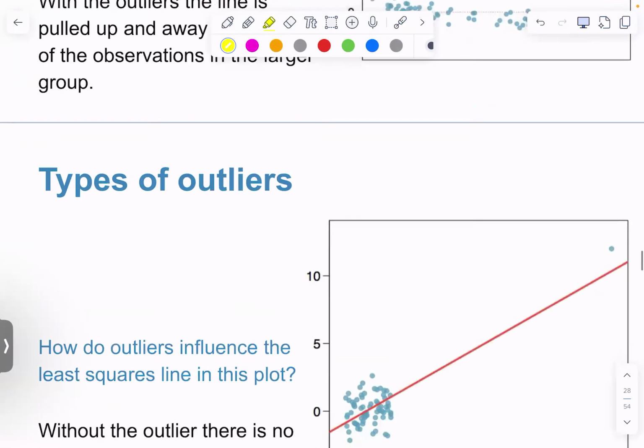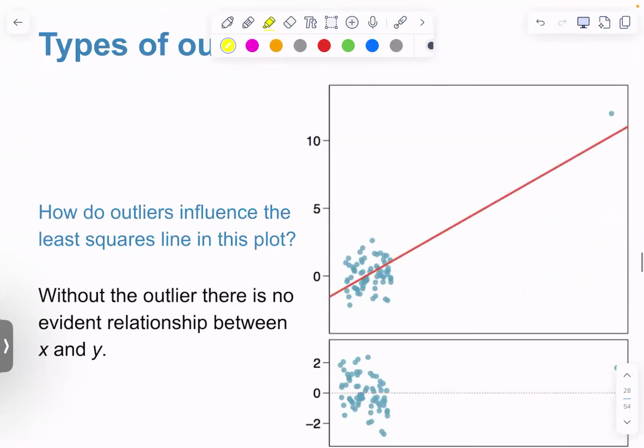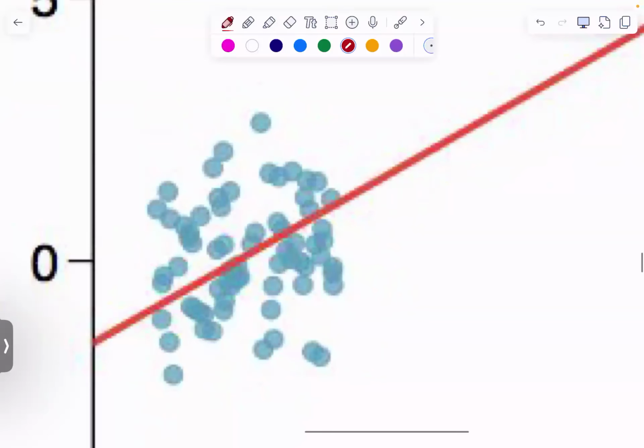There are different types of outliers. This one is way out here. Here's my outlier, my troublemaker. If you imagine not having that troublemaker, there's really no reason this line would look like this.